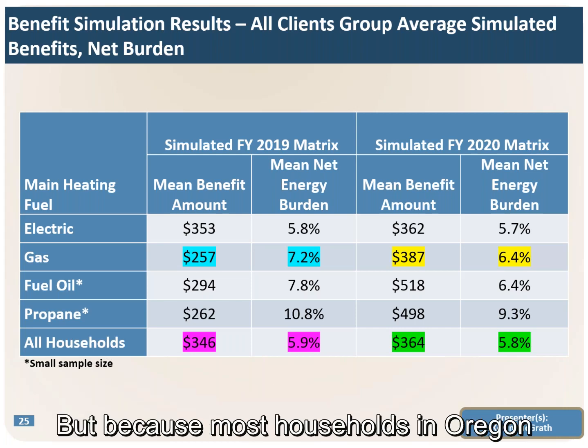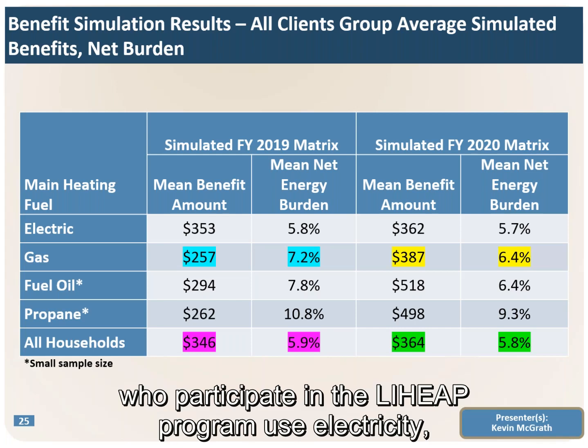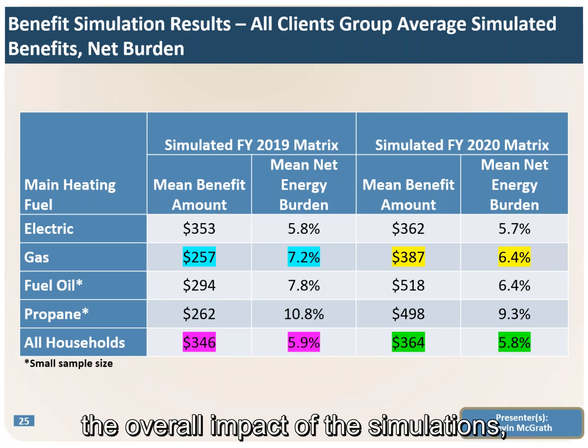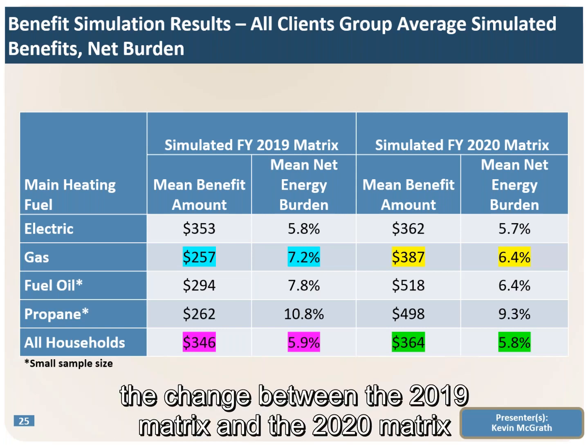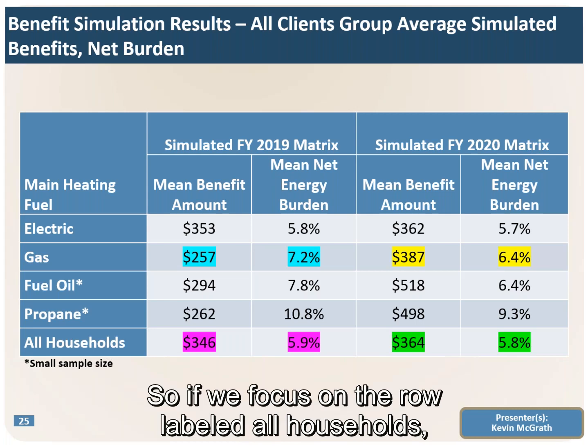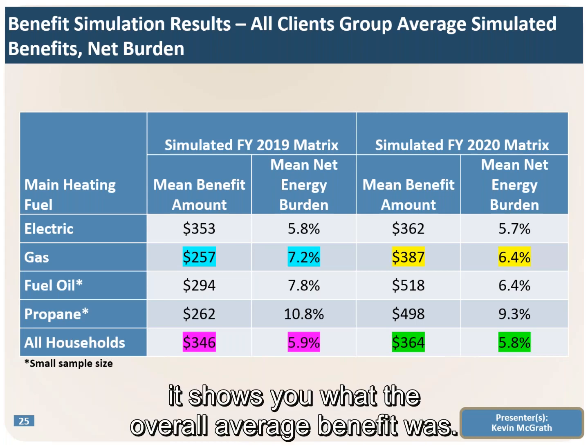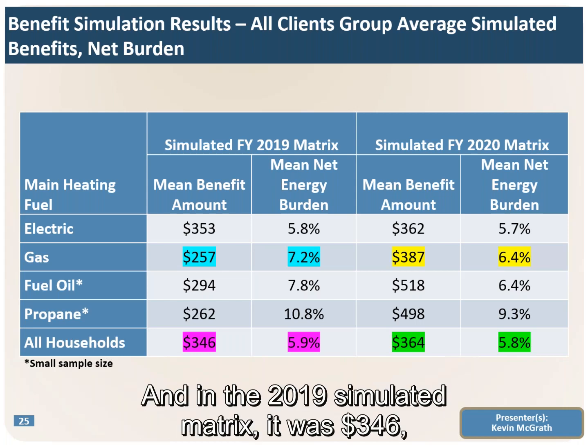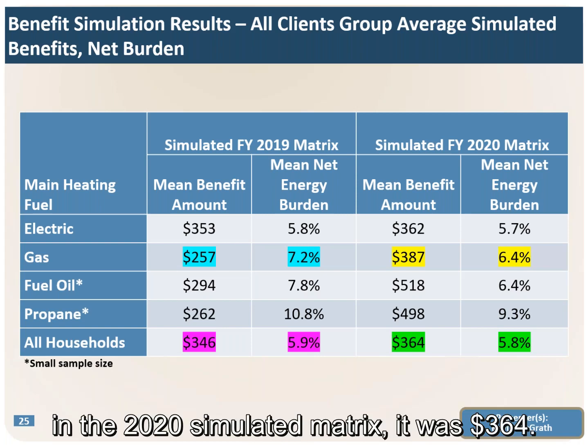But because most households in Oregon who participate in the LIHEAP program use electricity, the overall impact of the simulations, the change between the 2019 matrix and the 2020 matrix, is fairly limited. So if you focus on the row labeled all households, it shows you what the overall average benefit was. In the 2019 simulated matrix, it was $346. In the 2020 simulated matrix, it was $364.